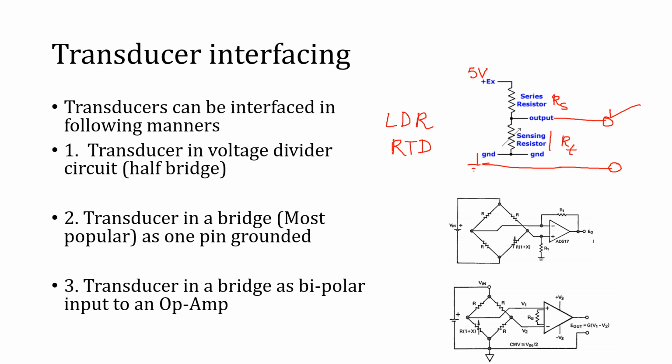The next option is when we are using the transducer in a bridge, and this is the most common, most popular one. The reason being, this is the most accurate among all of these configurations.